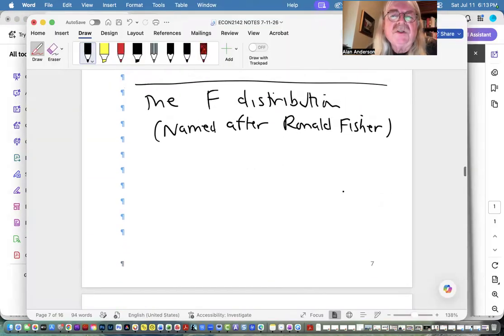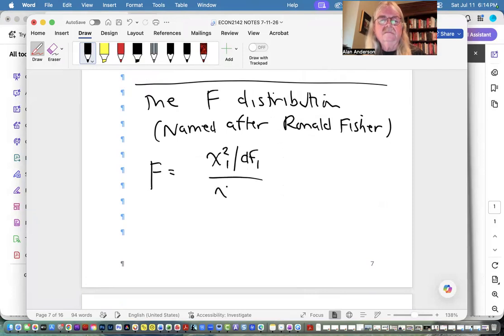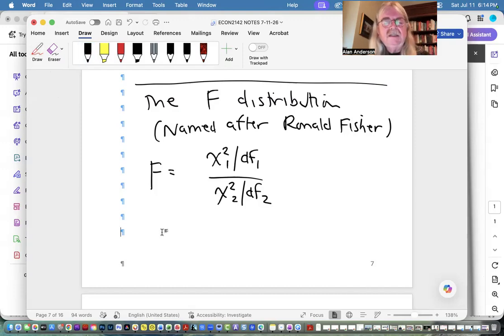Well, the F distribution comes about like this. So, in other words, it's constructed from the chi-square distribution, okay? Just like chi-square is constructed from the standard normal. But if you notice, there's more than just that.